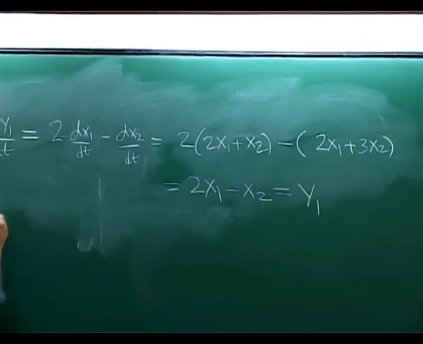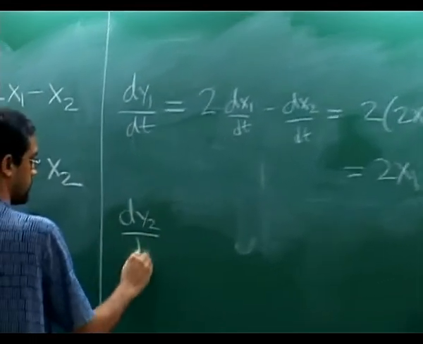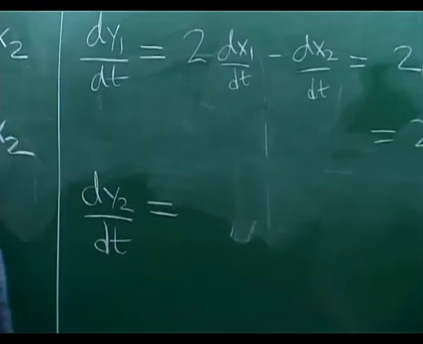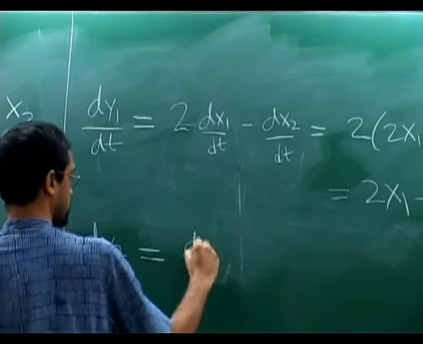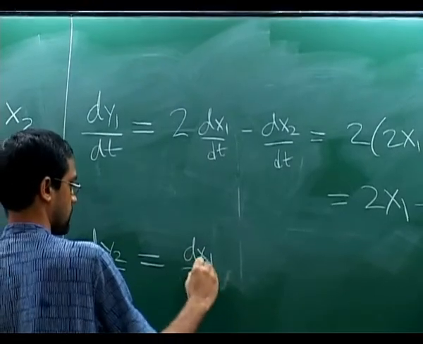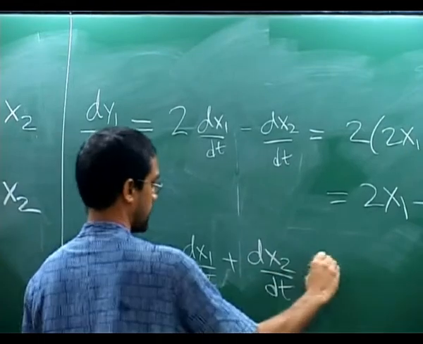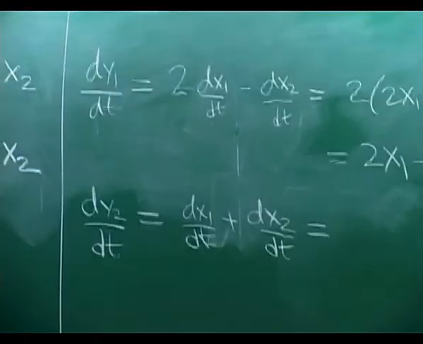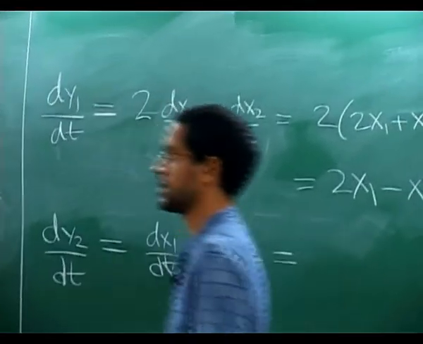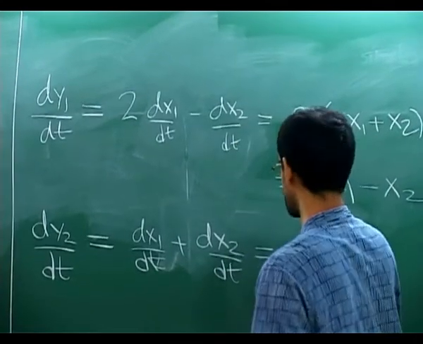Now let's do dy2 dt similarly. It is x1 plus x2, so it is dx1 dt plus dx2 dt. I need to add those two things: 4 times x1 plus x2. What is that?